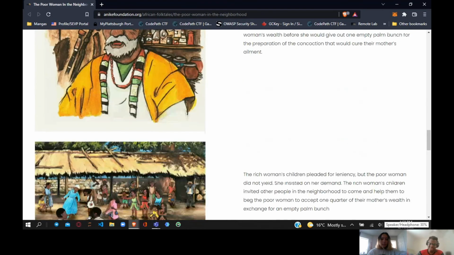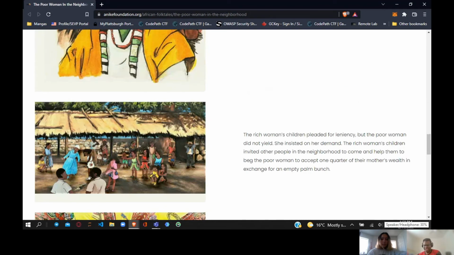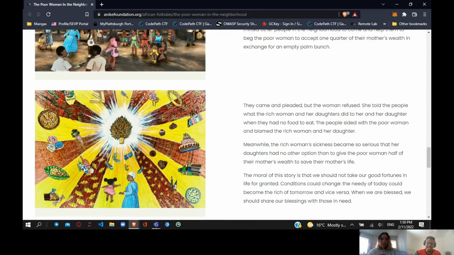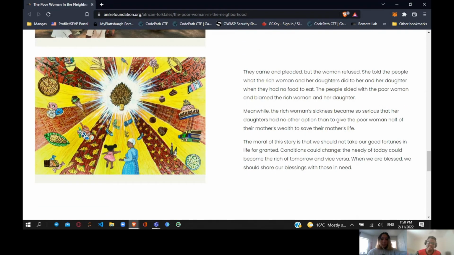So the villagers sided with the poor lady and asked the daughters of the rich lady to commit to what the poor lady wanted, which was half of the wealth of the rich lady. They had no other choice than that, so ultimately they had to give her half of the wealth of their mother to help her get healthy again.